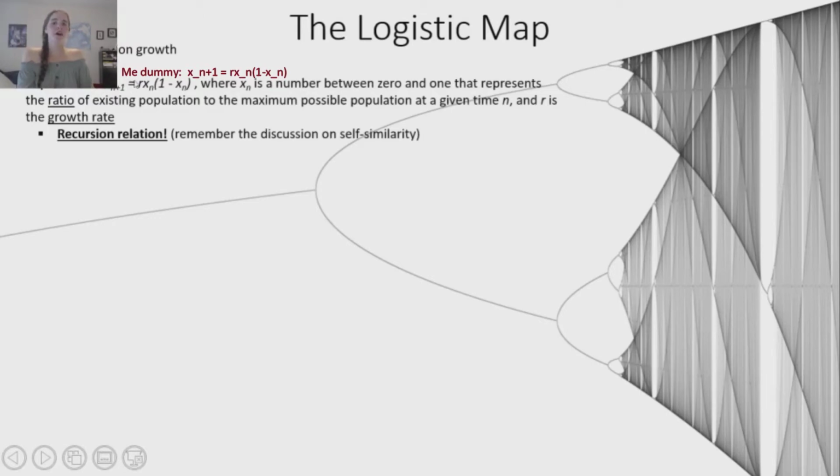So we'll have an x0 and an x1, and then our x2 will be described by this equation here. This r is called our parameter, and our r is the growth rate. So r is the parameter we want to look at.